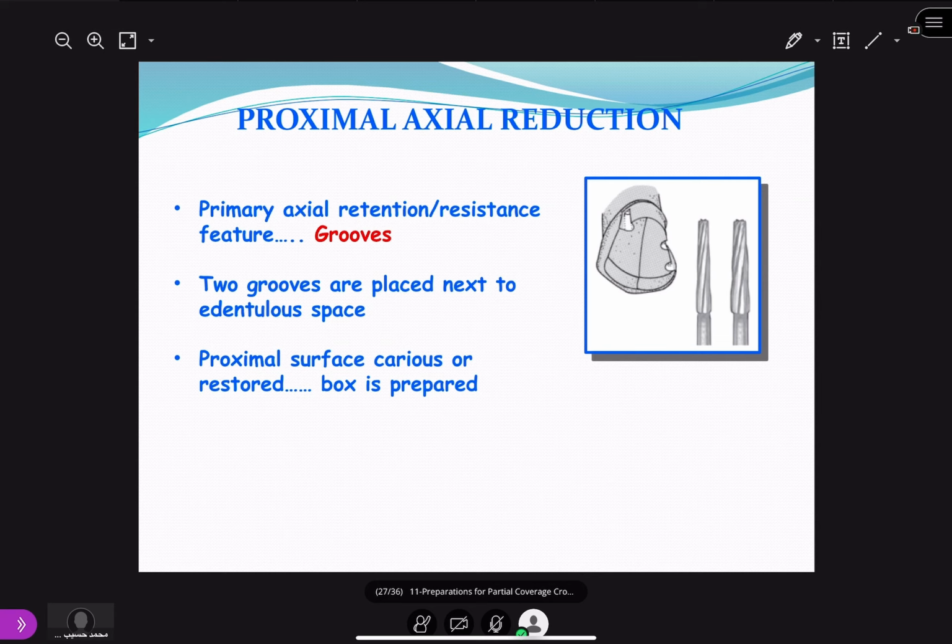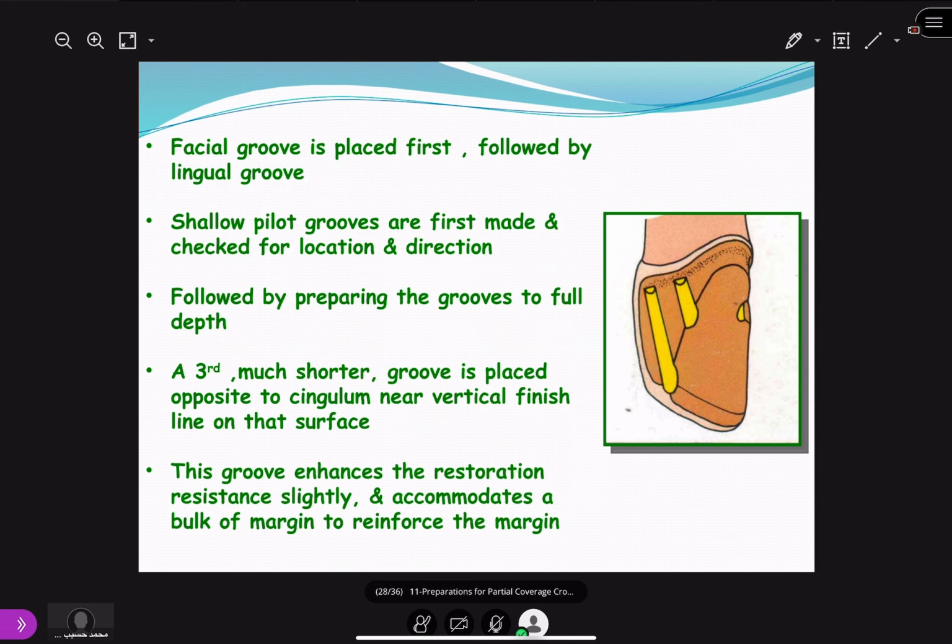So primary axial retention and resistance features: grooves. As you see in this picture, two grooves are placed next to the edentulous space, and if there is proximal surface caries or a restored box, it is prepared. The facial groove is placed first, followed by the lingual groove.